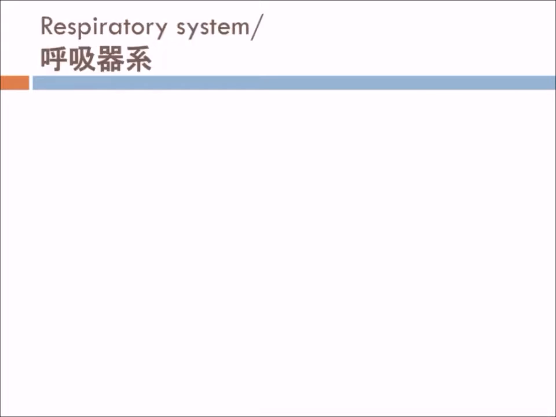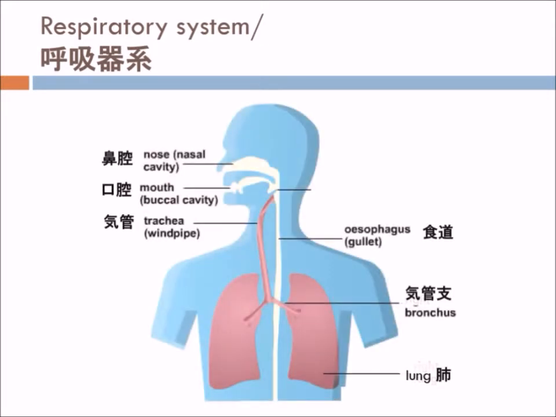Let's review the basic structure of the human body related to eating: the respiratory system and the digestive system. First, the respiratory system. The inhaled air passes through the respiratory tract. The oxygen is received in the lungs, and the carbon dioxide is discharged through the tract.